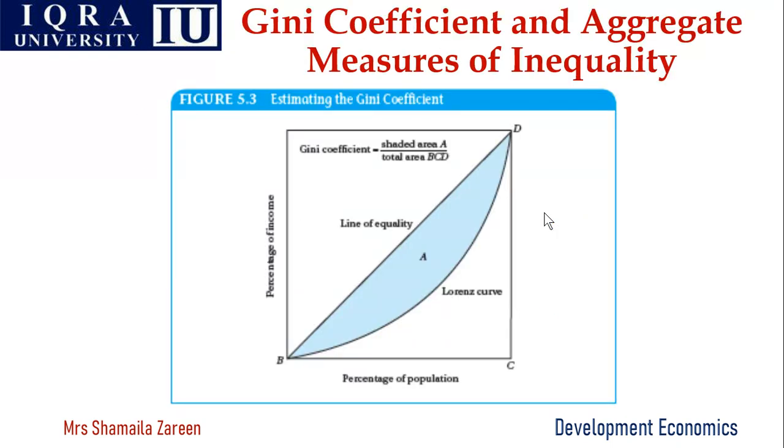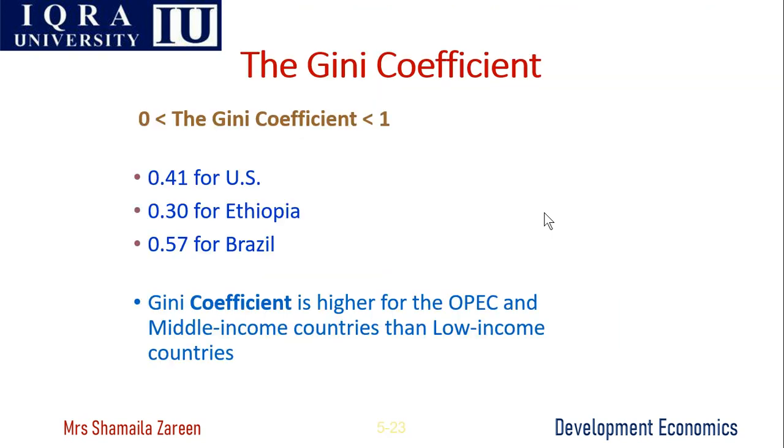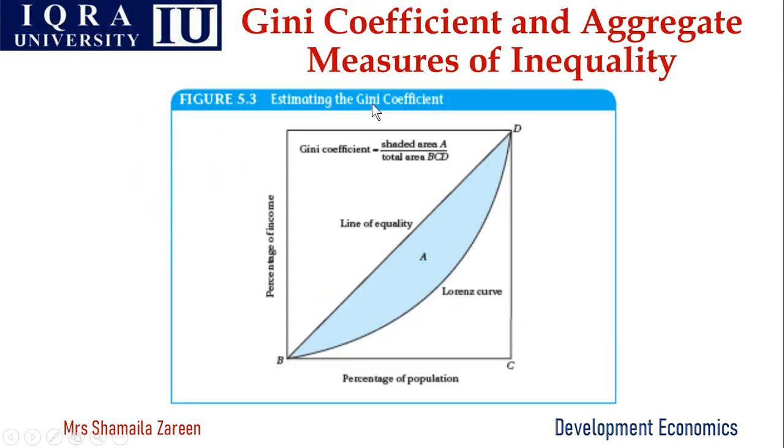But first of all, how could you calculate the Gini coefficient? This is the big debate here. The Gini coefficient is an aggregate numerical measure of income inequality ranging from 0 to 1. 0 shows perfect equality and 1 shows perfect inequality, and it is measured graphically by dividing the area between the perfect equality line and the Lorentz curve.